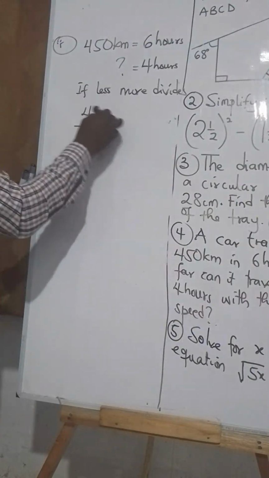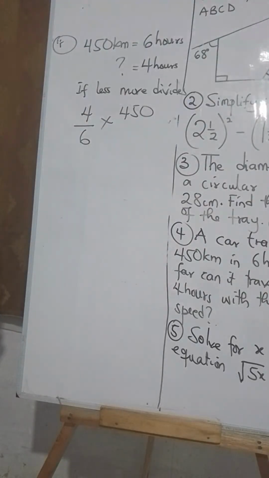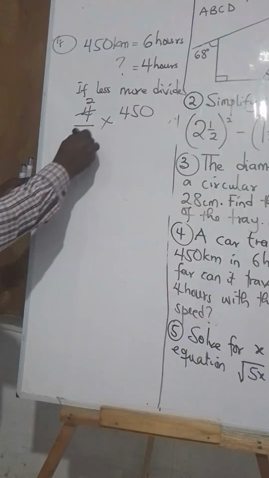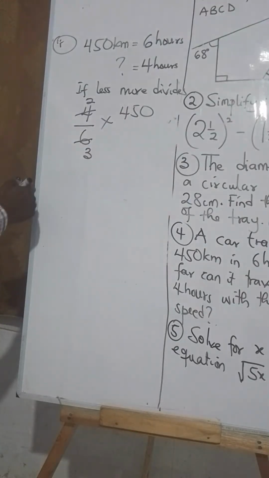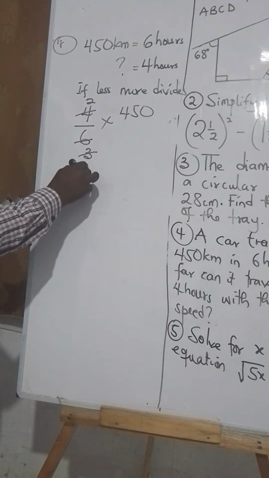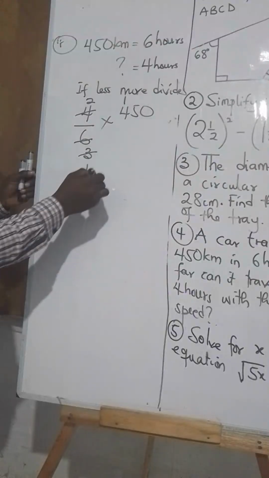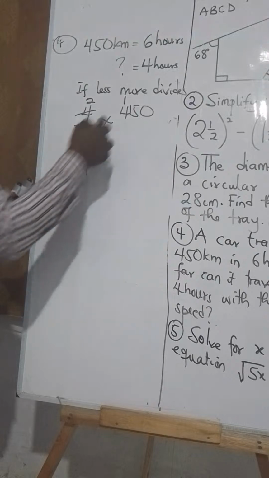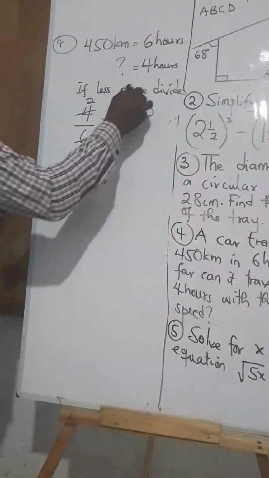We divide it, then times the 450 here, right? So here you can use 2 here, 2 here, 3. Then use 3 to divide 450. So 3 into 4, that is 1. The remainder is 1. Put it here, it becomes 15. Then 3 will go into 15, that is 5. 3 into 0, 0.